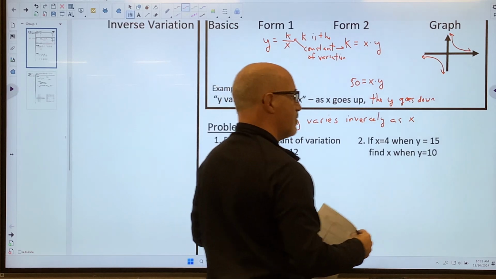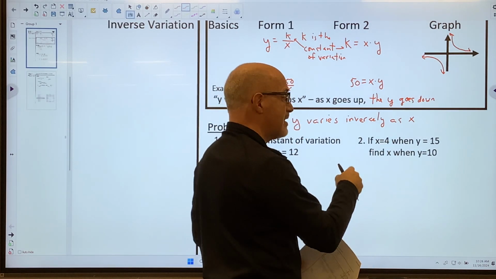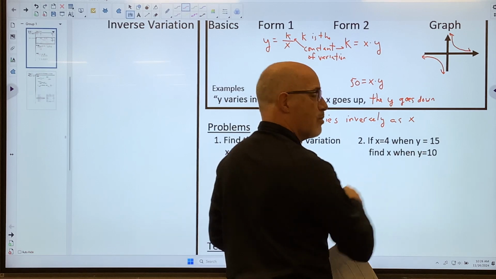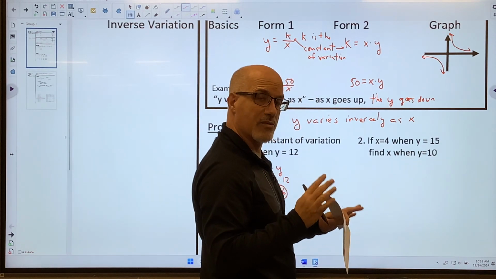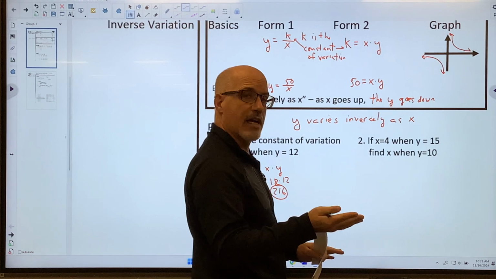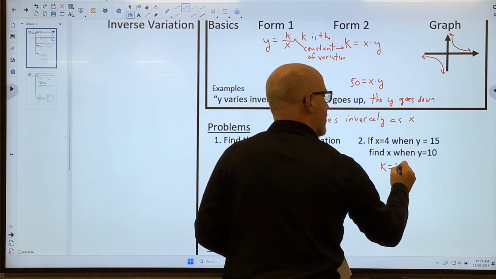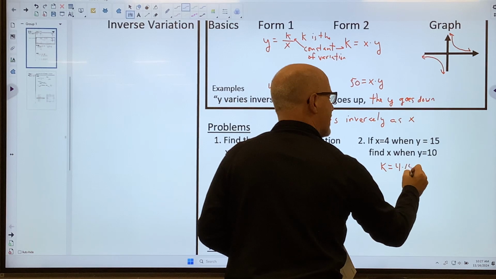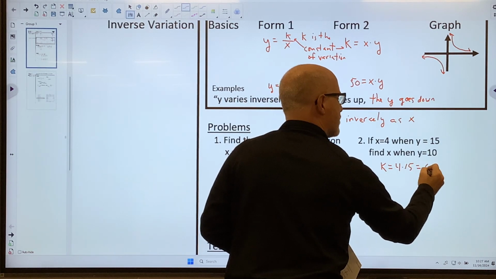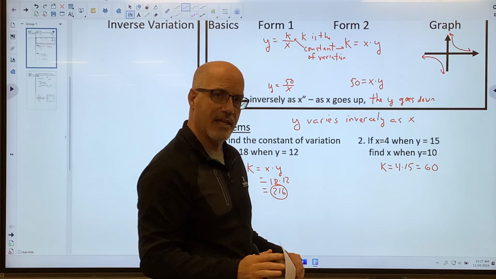Now let's do this one instead. It gives me an x and a y, and asks me to find an x when this is the y. There are several ways to do this, but the way I would recommend is to find the constant first. The constant is going to equal 4 times 15, which is 60. So the constant in this problem is 60.